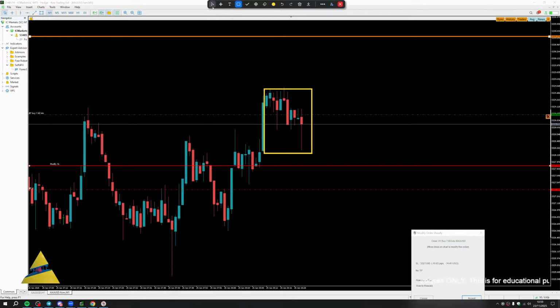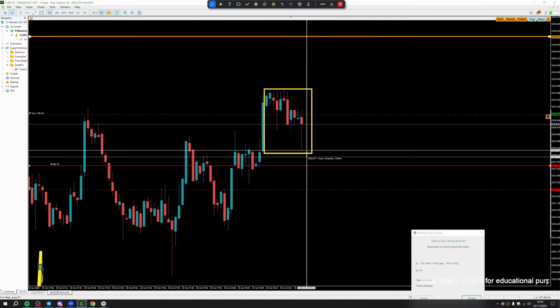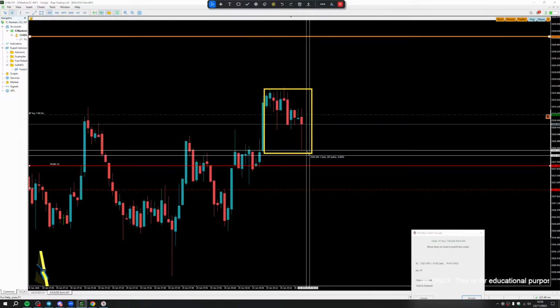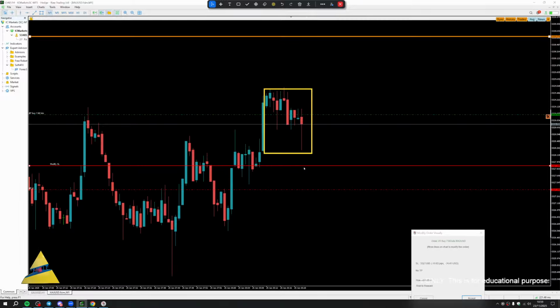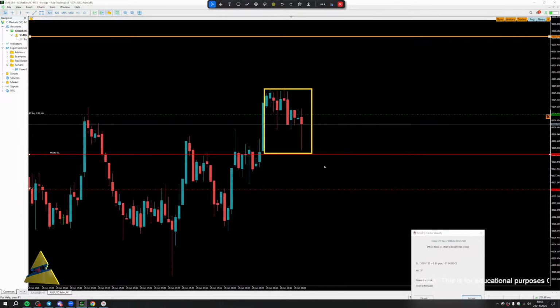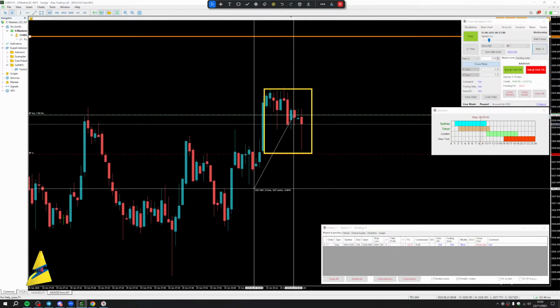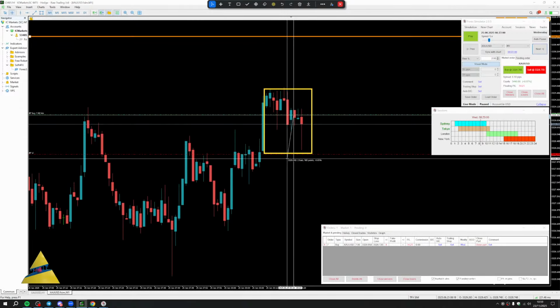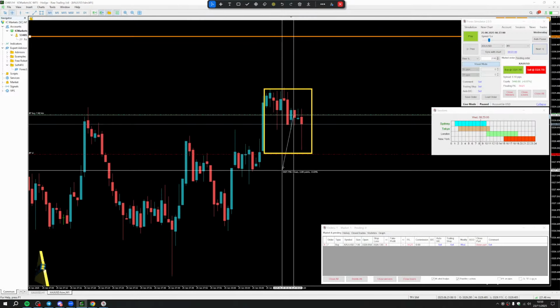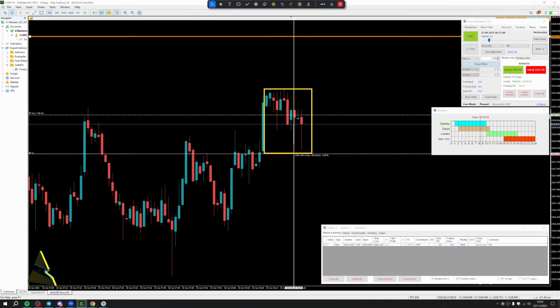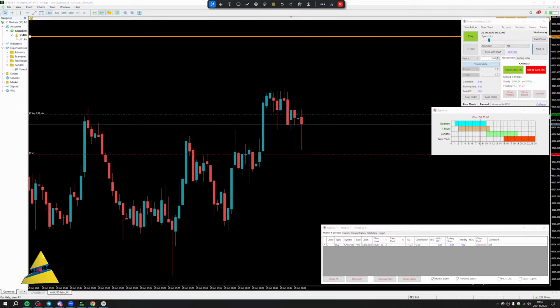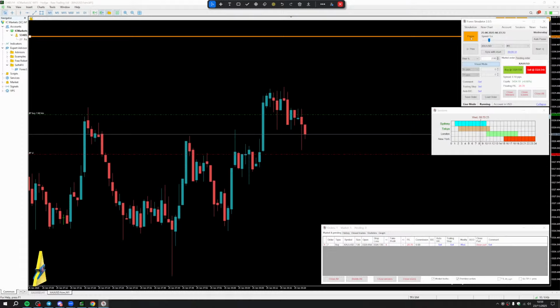So I'm going to reduce my stop loss to around, let's say, 33.28, just about a point below here. So worst case scenario, instead of 16 pips, we can lose 8 pips. Not bad. Not bad.